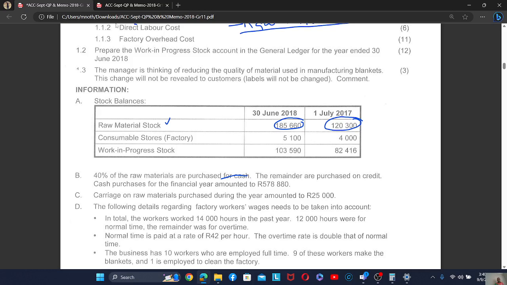So the remainder is purchased on credit. They're saying cash purchases for the financial year amounted to 578,880. Right? Yes.